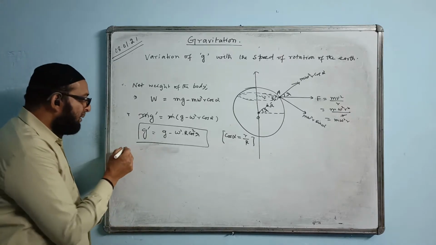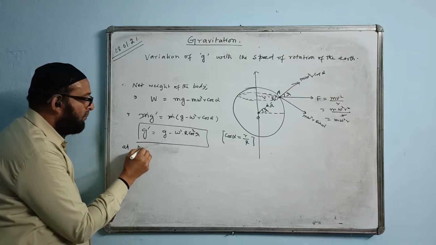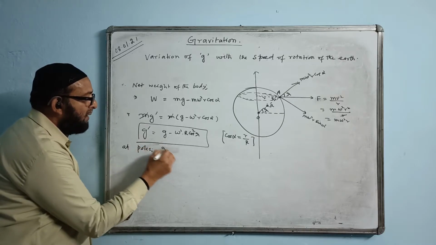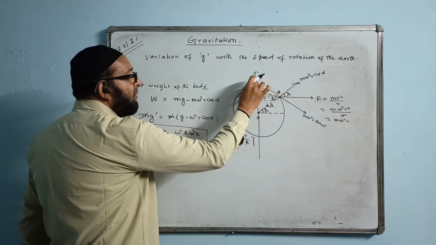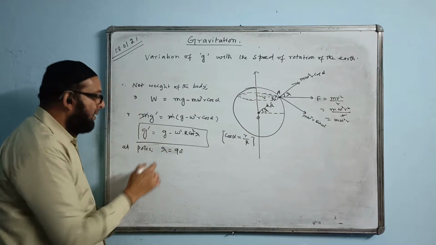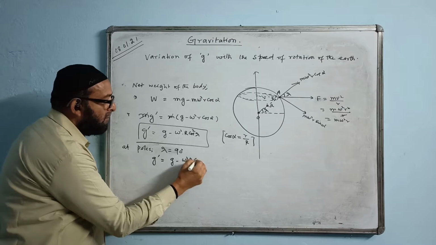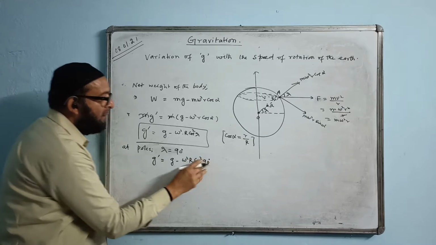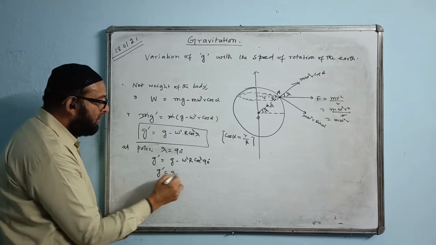Okay, now we write here, at the poles, how much will the lambda value be? It will be 90 degrees. When the place is situated here at the pole, the angle lambda is exactly 90 degrees. Then g dash equals g minus omega squared R cos squared 90 degrees. Cos 90 is 0, so the entire term becomes 0, which means g dash equals g.